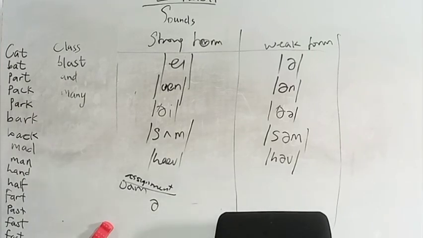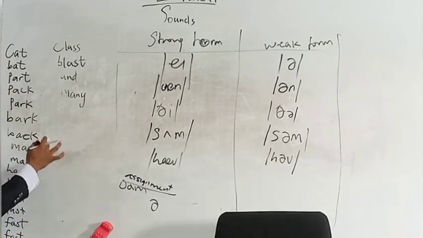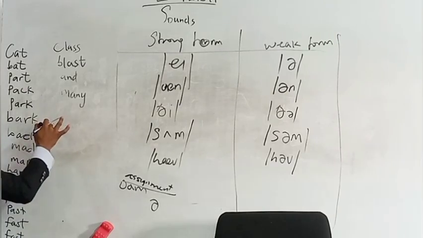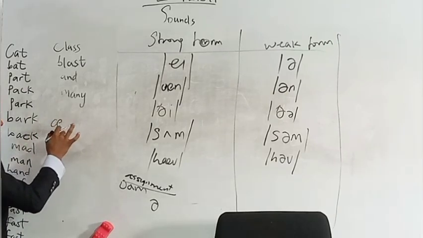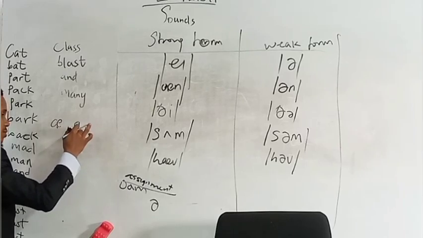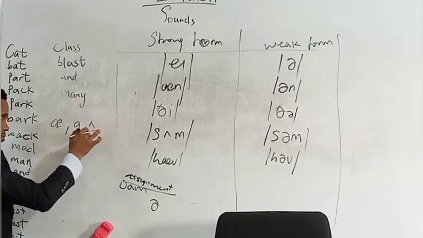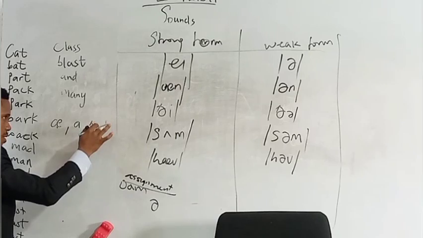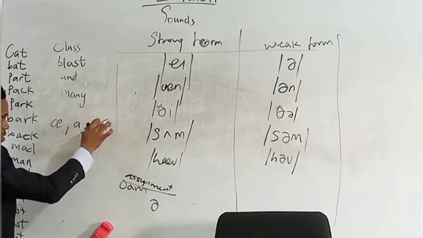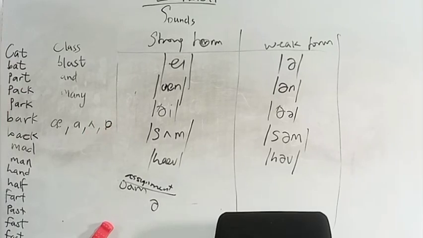Let me tell you the aim of this your assignment, such that if you don't do it, you will blame yourself. The aim of this assignment is to help all of us identify this sound. So do it. I'll check it tomorrow.